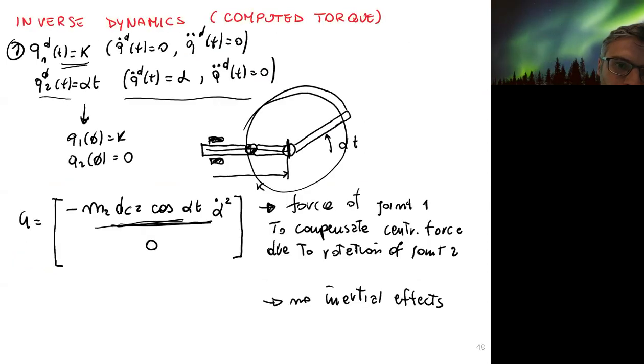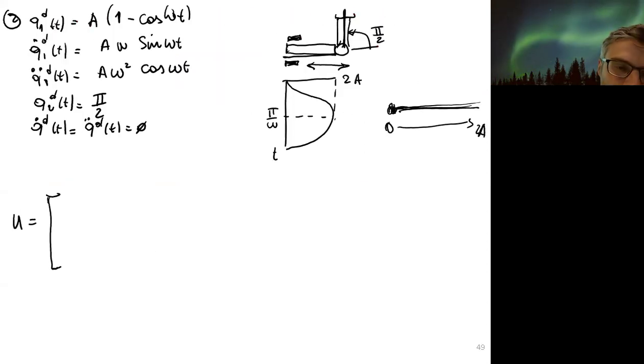And we need to multiply the inertial terms times the acceleration of Q1 and Q2. Q2 is equal to 0. So let's write explicitly what we had.